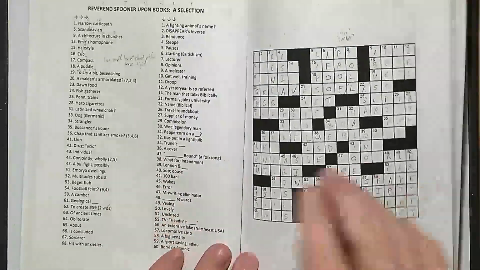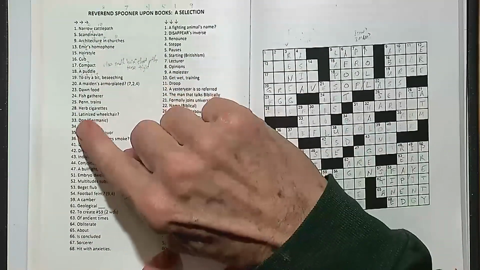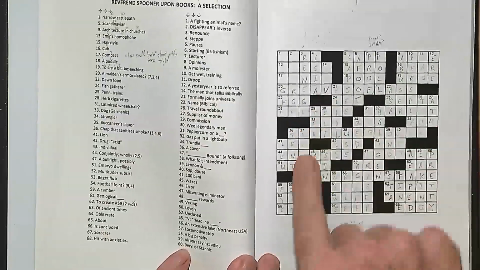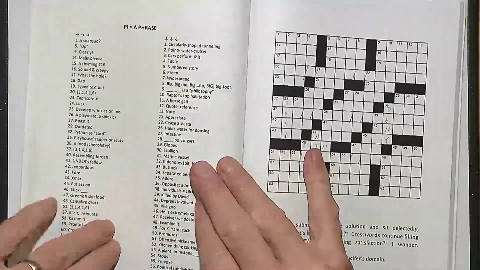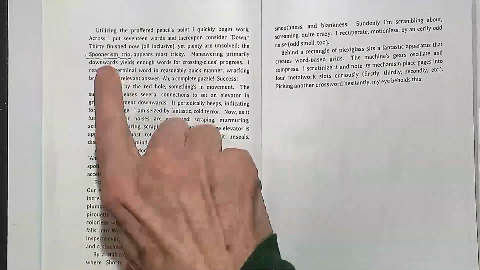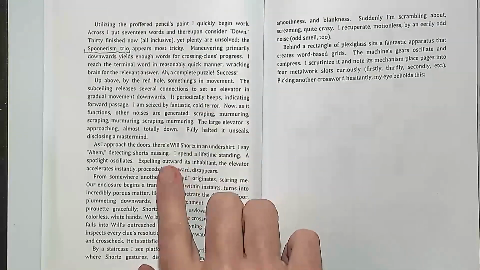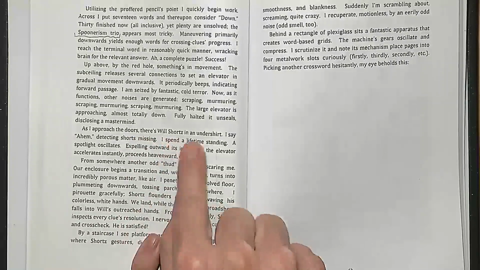And then another rule is that you ignore punctuation and numbers, so the numbers don't count. But then he talks about it, and he talks about the Spoonerism trio being a little difficult, and then he says, "As I approach the doors, there's Will Shortz in an undershirt."